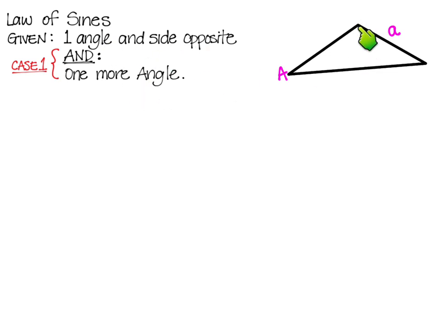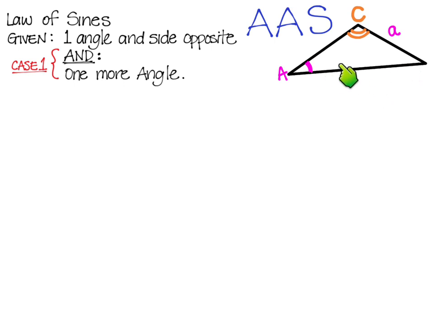It could be this angle up here that we called angle C, or it could be this angle down here that we called angle B. For our example, let's talk about angle C. So we have this angle. Now, if I look at this diagram and I think about geometry class, we called this configuration angle, angle, side. Because we have an angle and now it wouldn't have mattered if we'd had angle B, we would still have angle, angle, side.